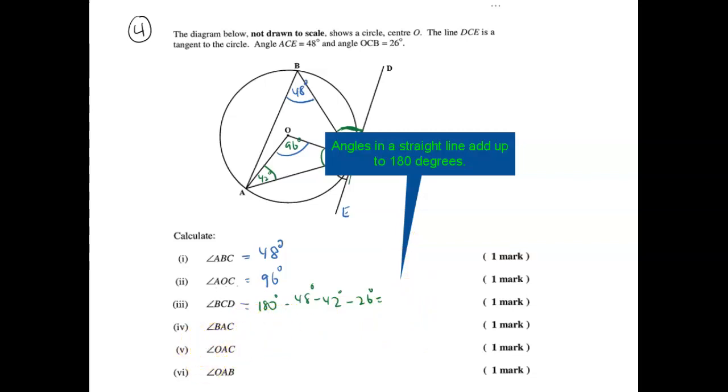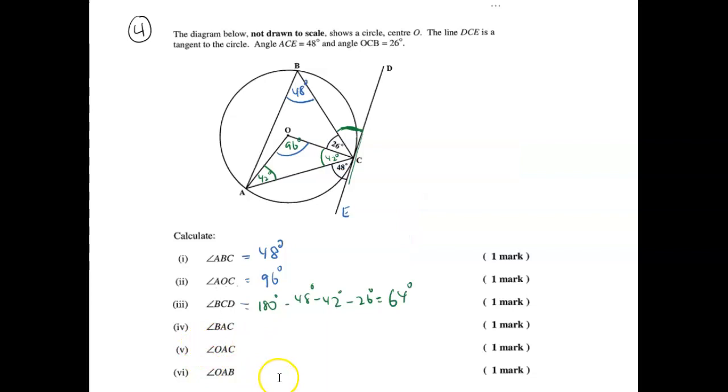They ask for VAC. So VAC is actually where? To locate VAC first, V to A to C is this whole angle here, right? Now I know that here is 48, and I also know that these two angles are 42 and 26.